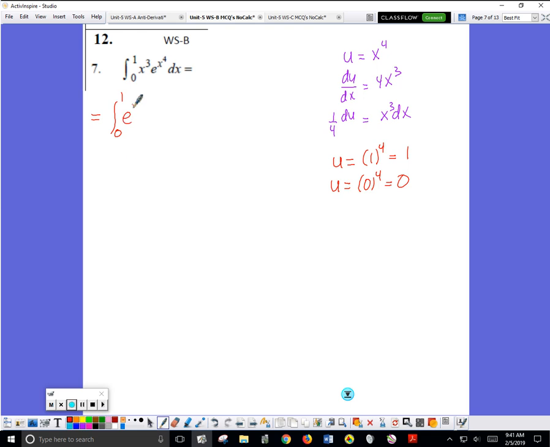I've got e to the u, and I've got x cubed dx. X cubed dx is 1/4 du. Pull out the constant. I can talk through as much of that as you'd like, you just have to tell me what part you want me to talk more about.